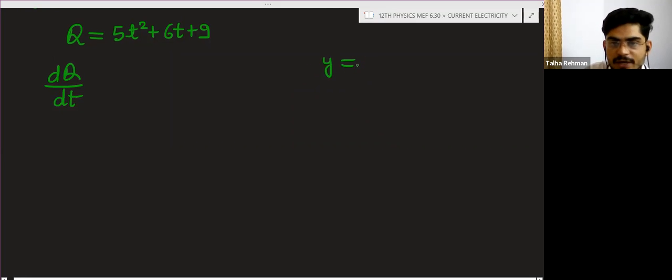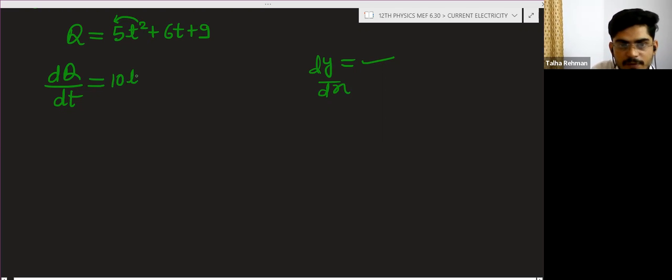So earlier it was dy by dx. Now you should treat this like you are doing the differentiation with respect to time. So you will multiply this with the same thing, 5 times 2, and decrease power by 1 here. This will become 10t and after that plus sign here 6 and the differentiation of this is 0. And this is the instantaneous current.